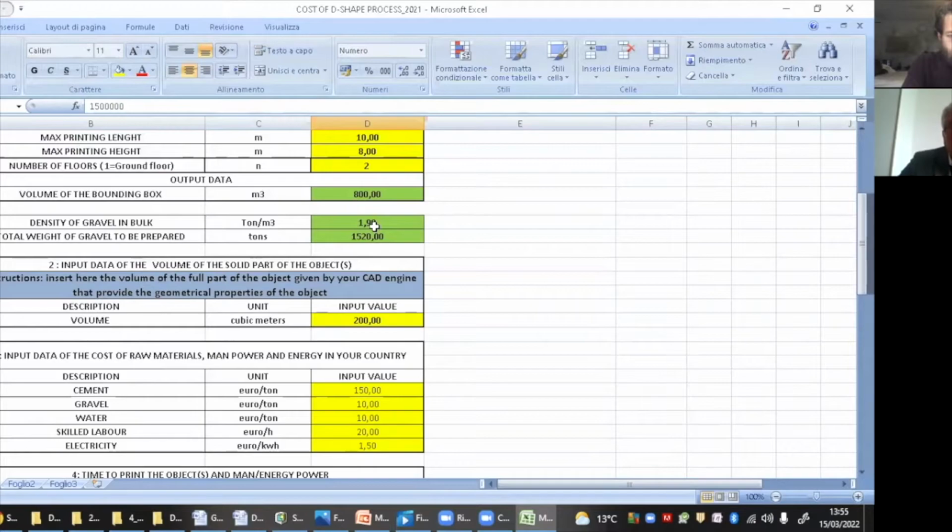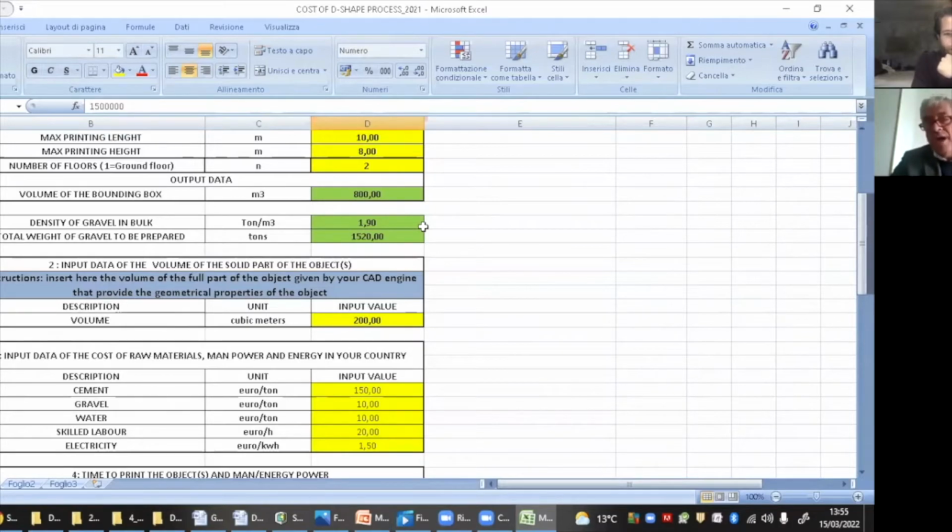So we have to prepare for the first home something like 1,500 tons of inerts. That is an enormous amount of aggregates. So that's why I'm saying it doesn't make sense to make this enormous effort just to print one home.